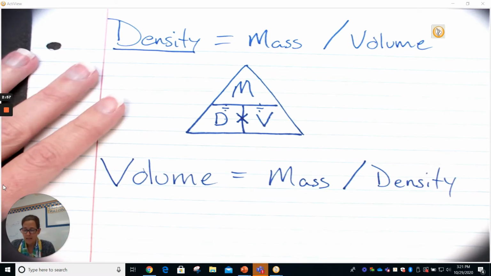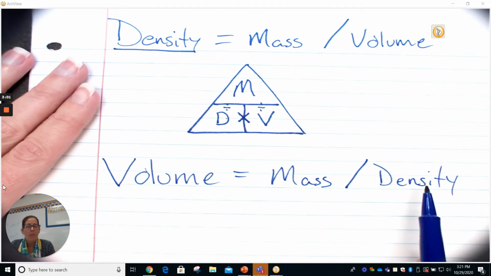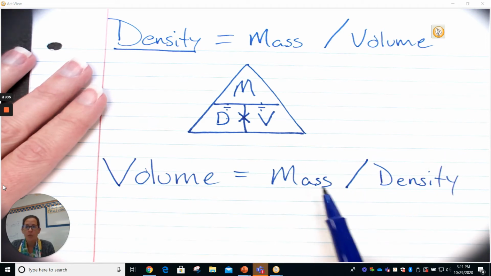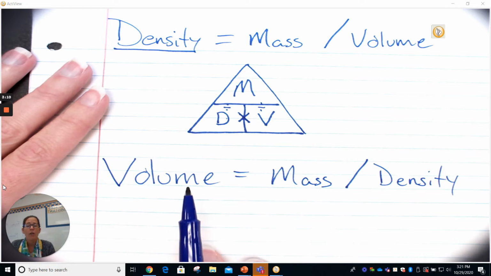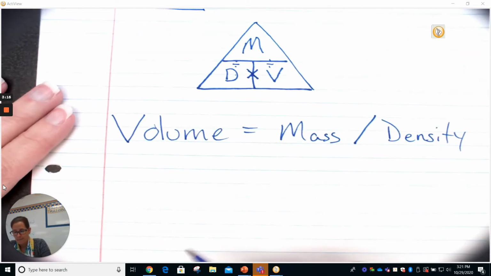So remember, it does matter which direction these two are in. So if you put density in your calculator first, divided by mass, you're not going to get the same number, and that number is not going to be correct. So you have to make sure you're putting them in the right direction. Okay? The next one is to find mass.